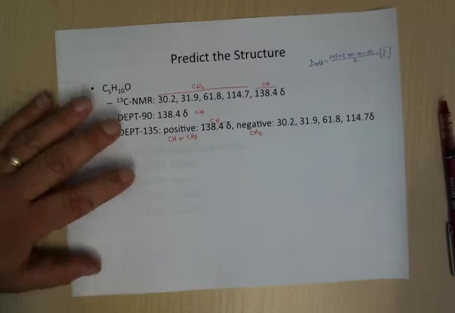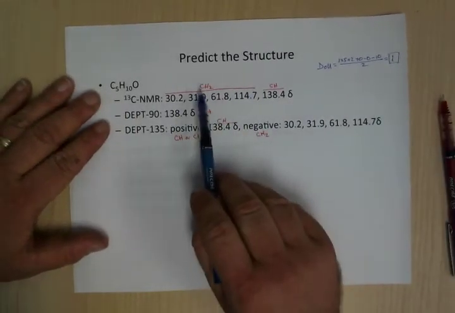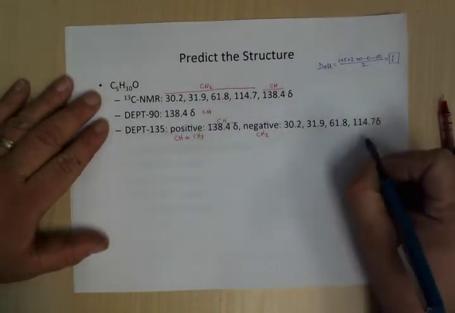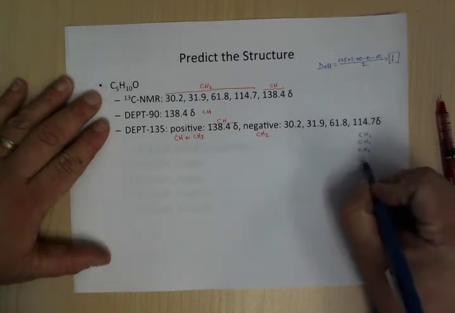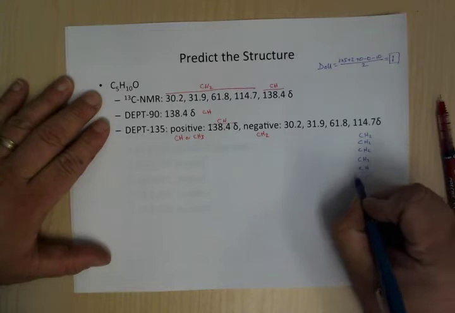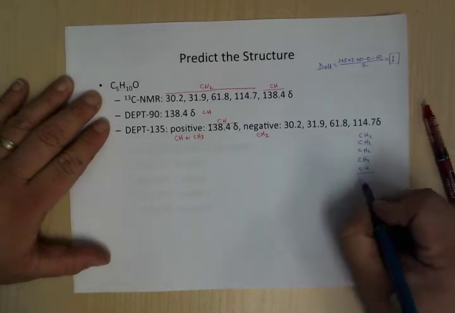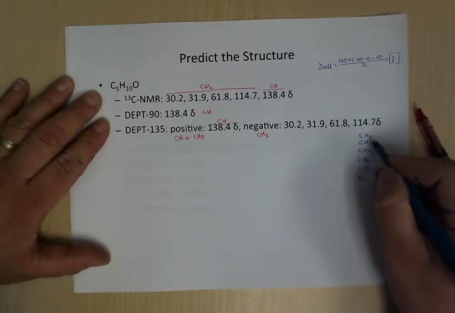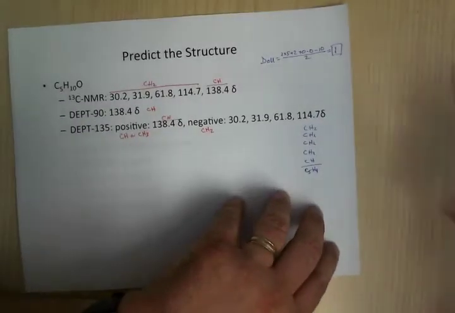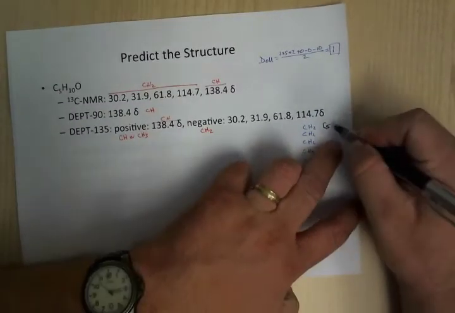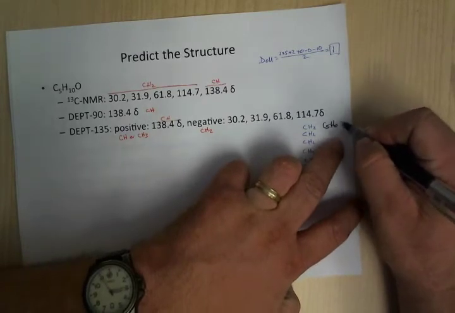Now at this point, it's usually good to do a check to see what we can account for. We have 4 CH2s and a CH. So 1, 2, 3, 4, 5, so we have C5, and 2, 4, 6, 8, H9. That's what we have accounted for. Our molecule is C5H10O.